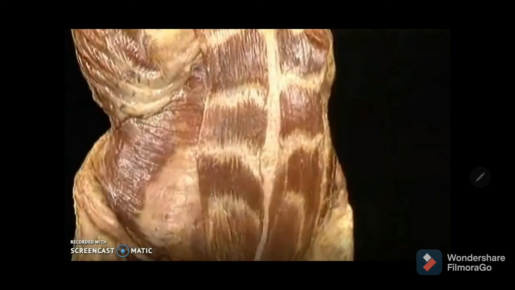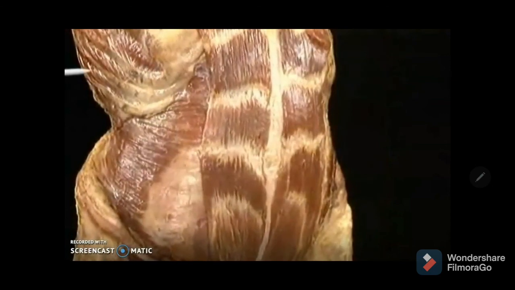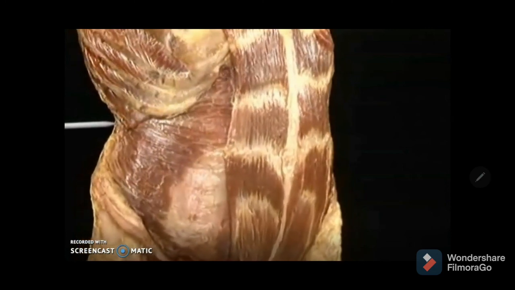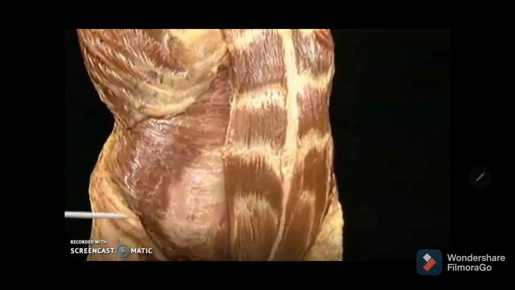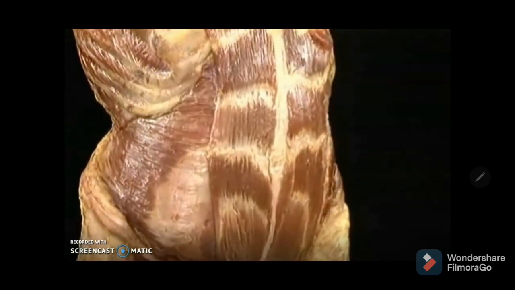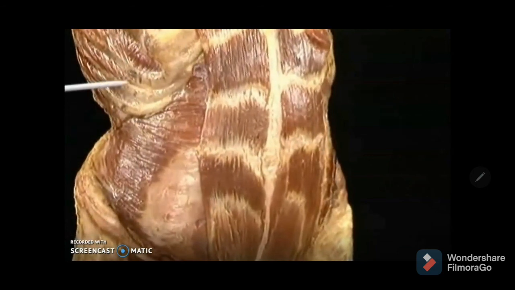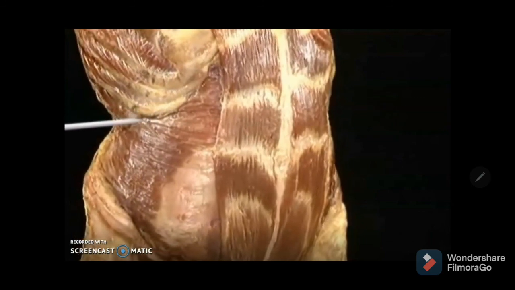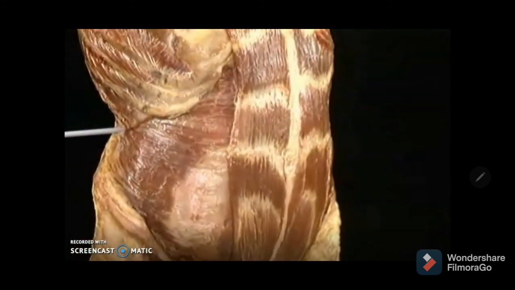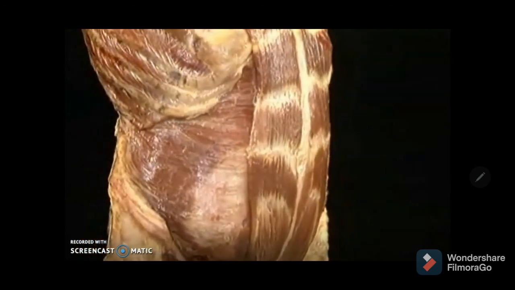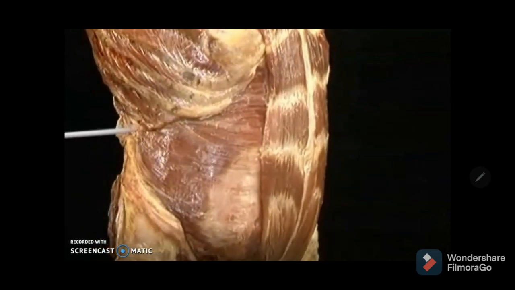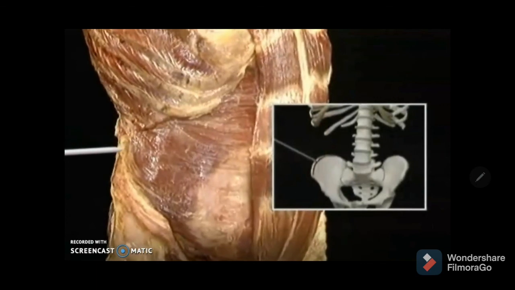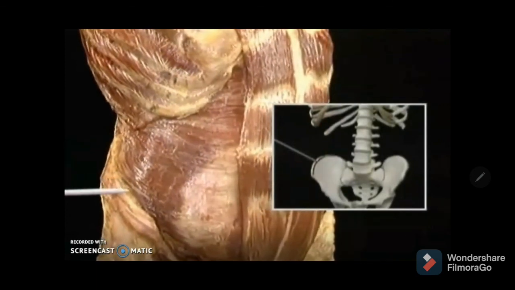The transverse abdominis takes origin from the lateral 1/3 of the inguinal ligament and also inner lip of iliac crest. The fibers run horizontally there, and you can see the fibers are inserting into the lower ribs and near linea semilunaris. They are involved in the formation of the posterior wall of the rectus sheath.